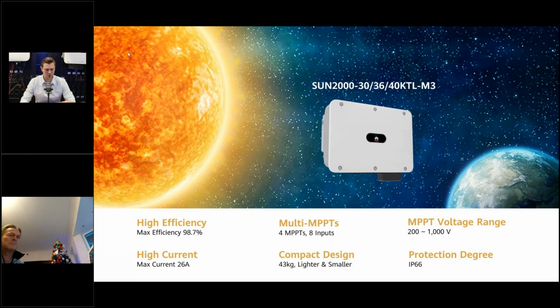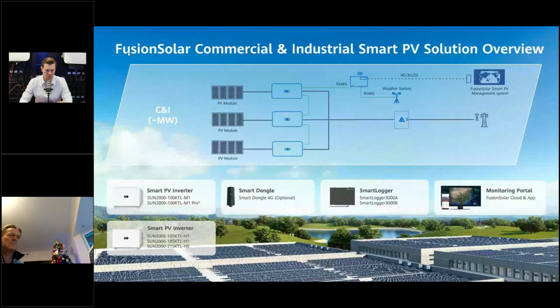So the output voltage of the H series, no matter if it's the H1, H0, or H3, is always 800 volts. So a special sub-transformer station is required for those projects. And if you have some low voltage demands just to supply something on the PV farm, you have to have a smaller transformer for 400 volts only for this purpose.